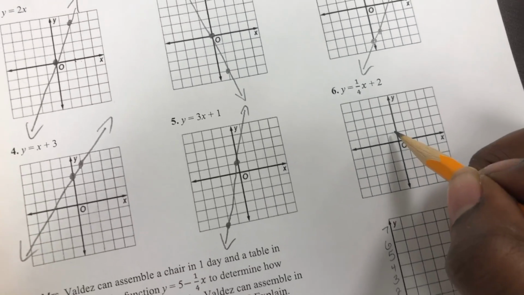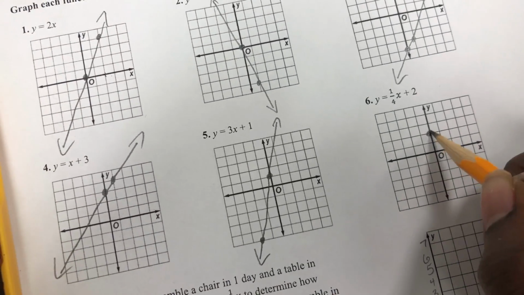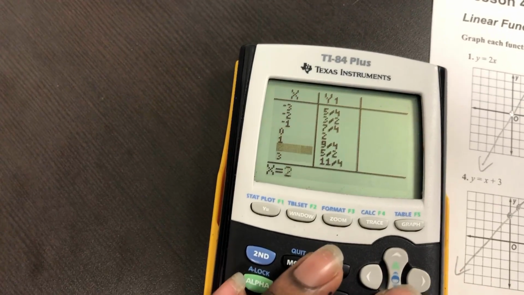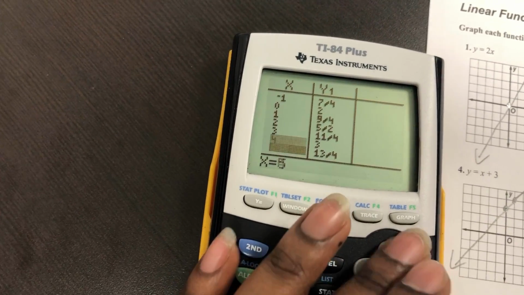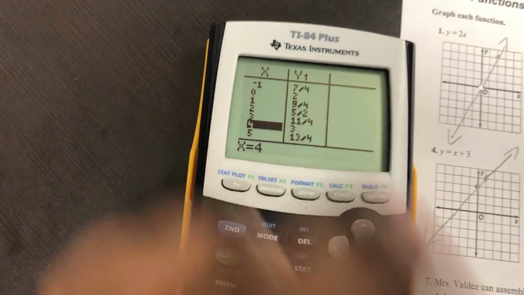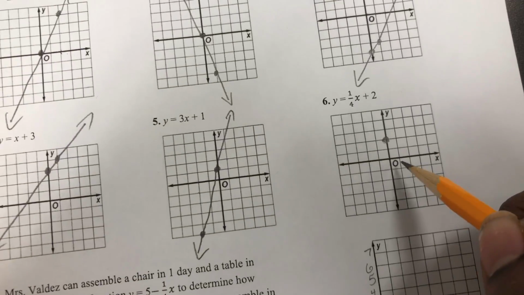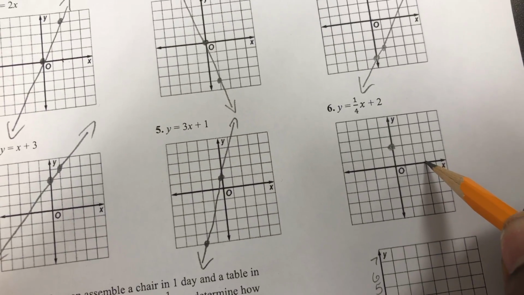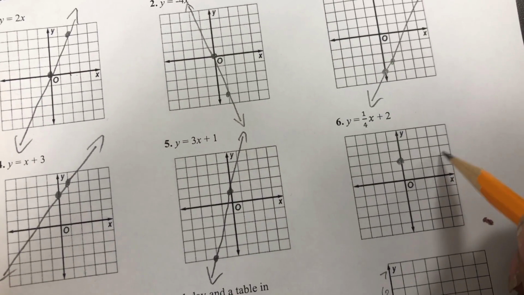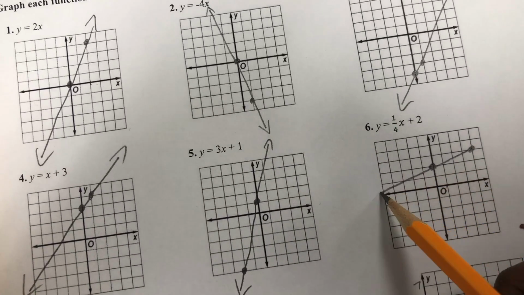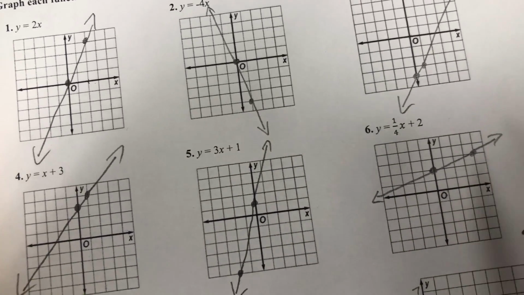So I'm going to go to 0, 2, which is right here. And then I'm just going to skip around until I find a whole number that I like. I like this one right here, 4 and 3. Nice, even whole numbers. So 4 and 3. So 1, 2, 3, 4, and then 1, 2, 3. There you go.